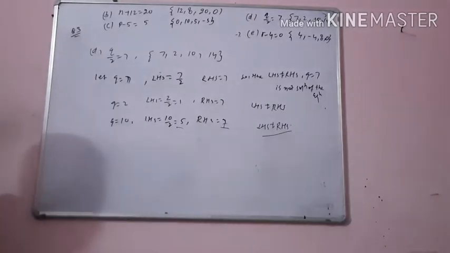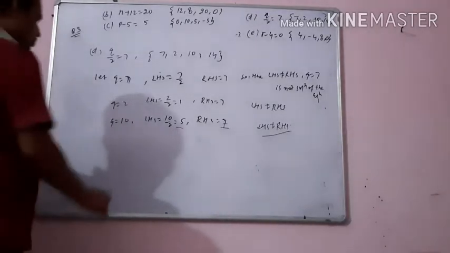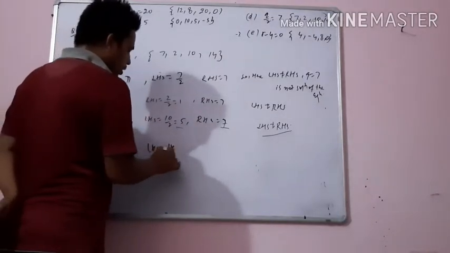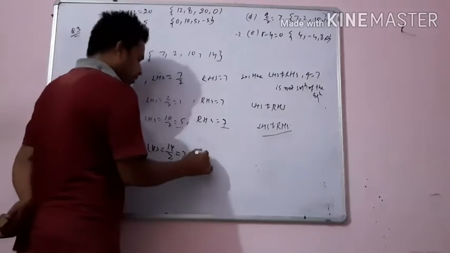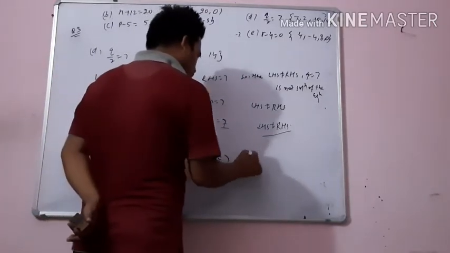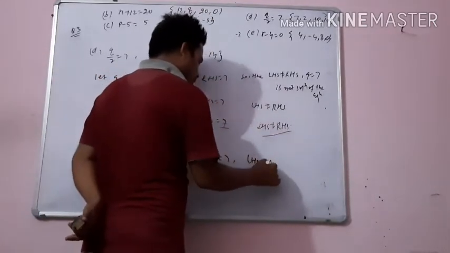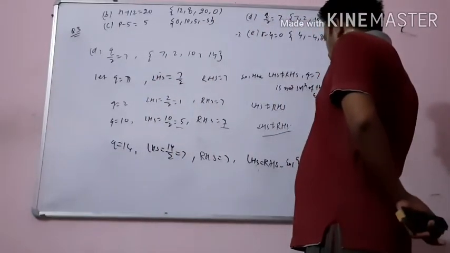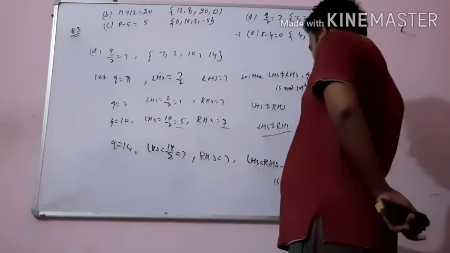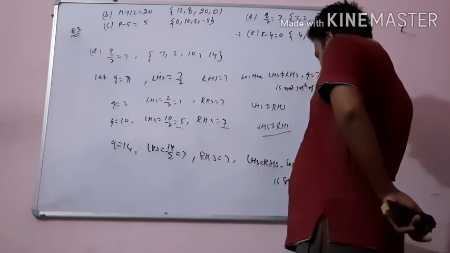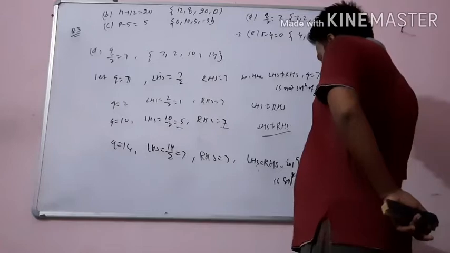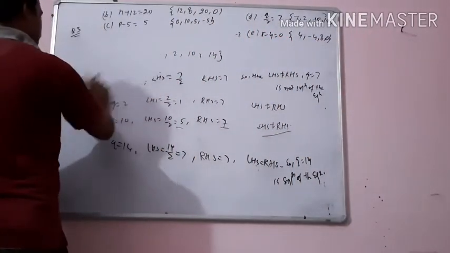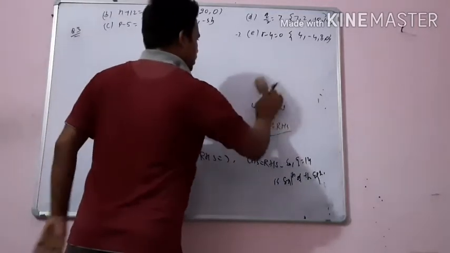Now q equals 14, LHS will be 14 upon 2, that is 7, and RHS is 7. So LHS equals RHS, so q equals 14 is a solution of the equation. Now moving to question number E. What is question number E? See.